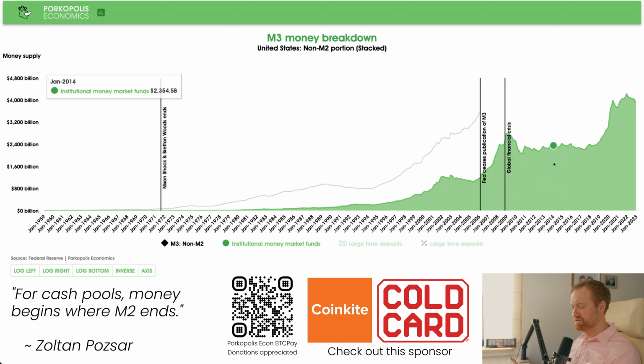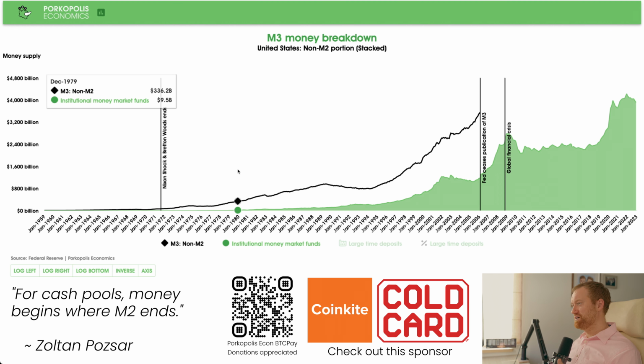You're not going into a bank deposit account, or an insured savings account. You're certainly not going into physical dollars when you say, I sold my Amazon stock and I went into cash. Typically you're going into a money market mutual fund managed by a third-party fund, either on behalf of a broker or by the broker themselves. That's how it works in the United States system.